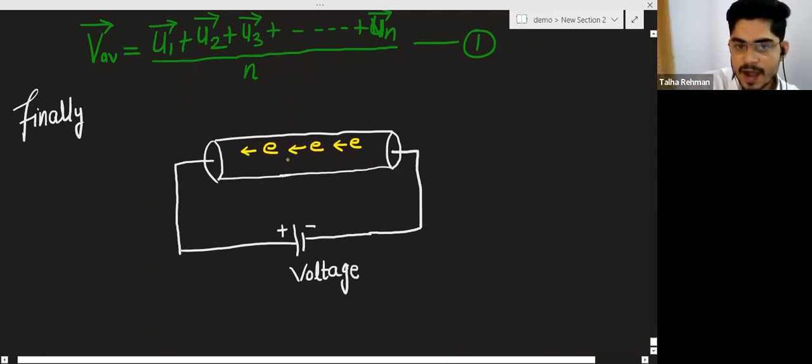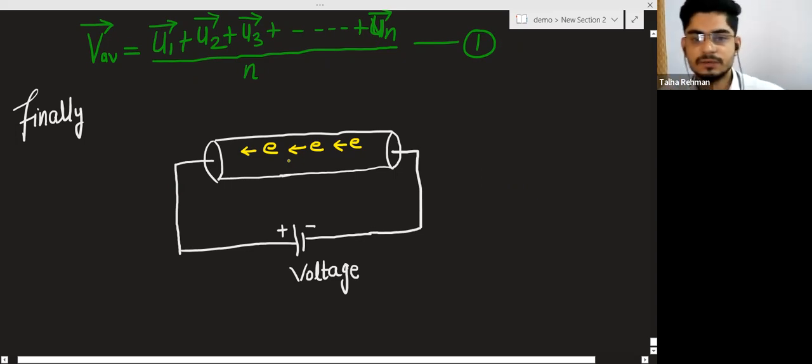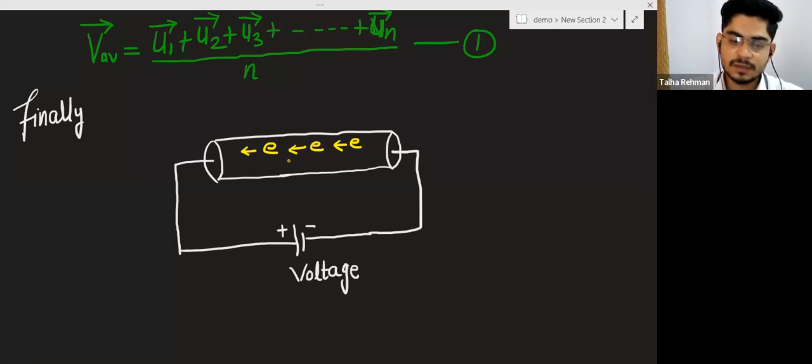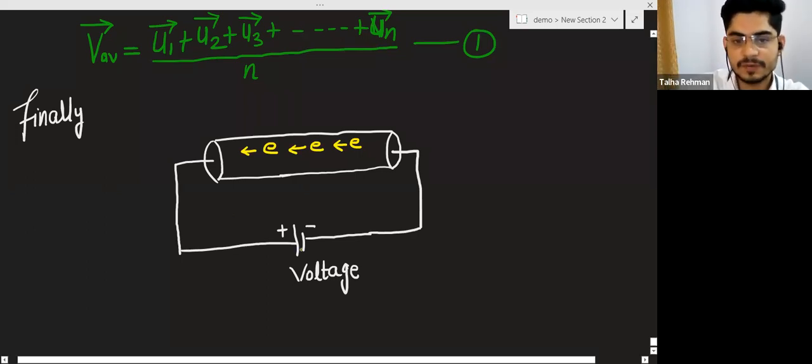There are ions also in between, but now I am focusing on the electron. And an electric field is generated.